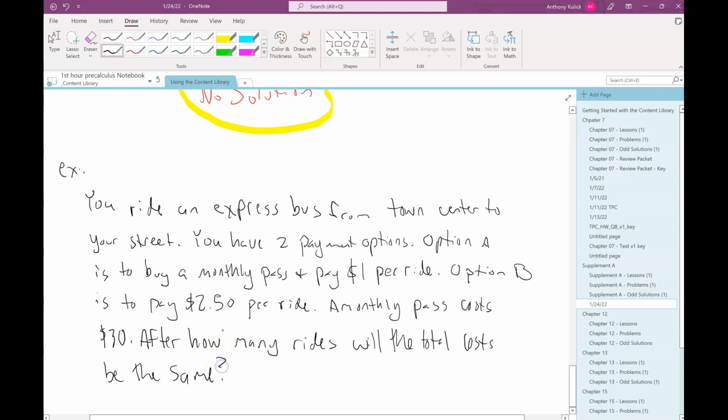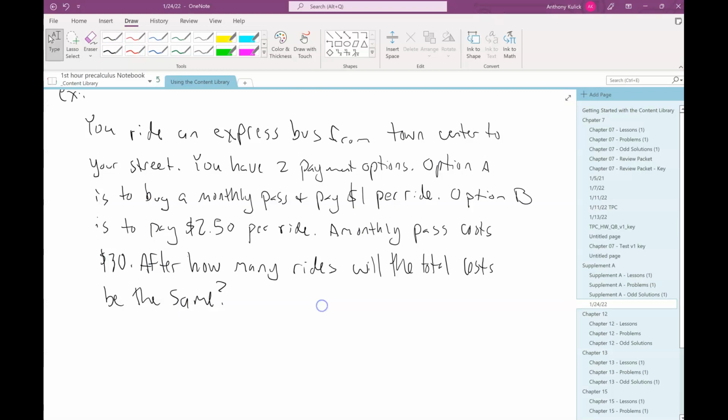Okay. So it says here you ride an express bus from town center to your street. You have two payment options. Option A is to buy that monthly pass and pay $1 per ride. Option B is to pay $2.50 per ride. The monthly pass costs $30. Our question is, how many times do we have to ride the bus before those total costs will be the same?